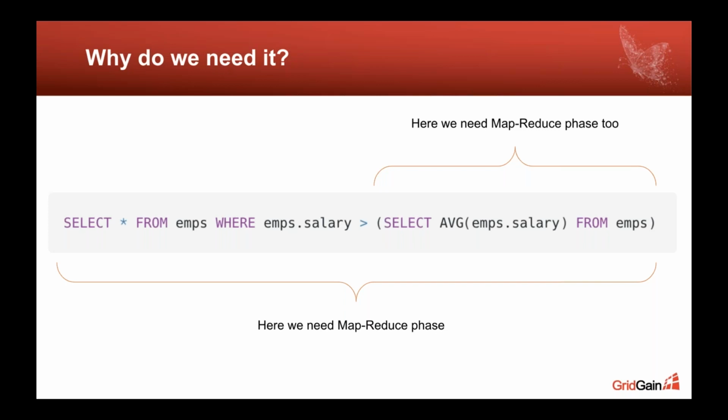The current H2-based engine can't do that. Of course, you can manually split this query, rewrite it into two runs, calculate the aggregate first and use its result in the second query to get the right answer.